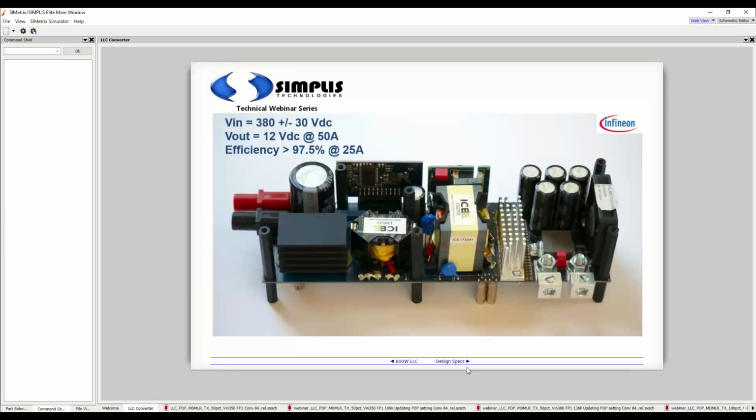And of course, this demo board is older than MDM as a product, so Infineon did not use MDM to design it, but we can simulate the entire system in SIMPLIS and MDM, and we can see very clearly the rationale behind the design choices that Infineon has taken, and this will illustrate very well how MDM can be useful in such an application, and that's what we're going to do today.